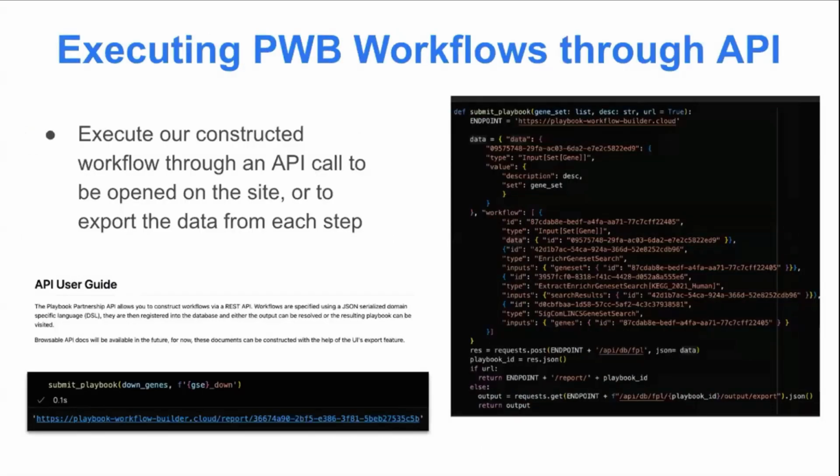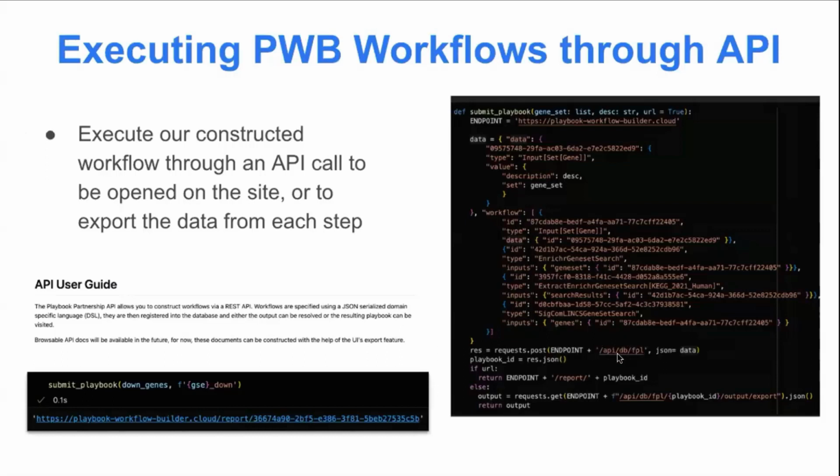We can then use that JSON in order to execute our workflow using an API call. The endpoint would be the Playbook workflow builder cloud, and we would make a data variable that would contain the JSON that we had exported.